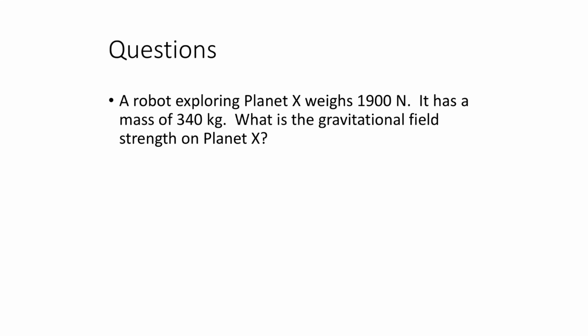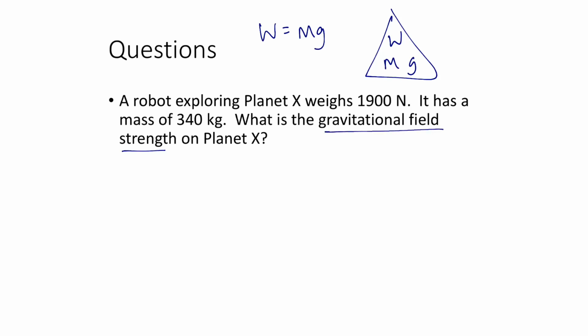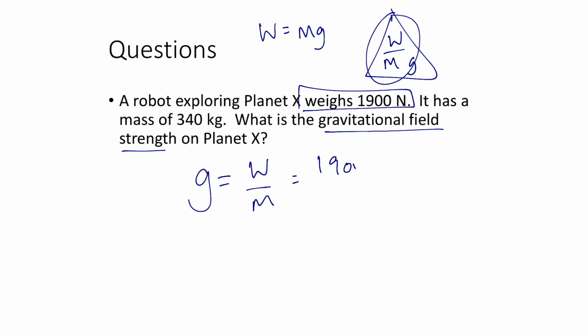So as ever, we write down the equation. Weight equals mass times gravity, or gravitational field strength. We might want to turn that straight into a triangle. So we're trying to find the gravitational field strength. So g equals W over m. We've got our weight, 1900.